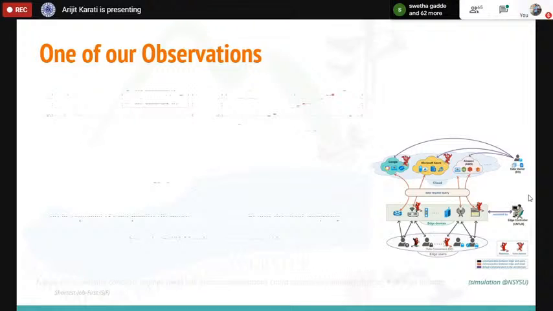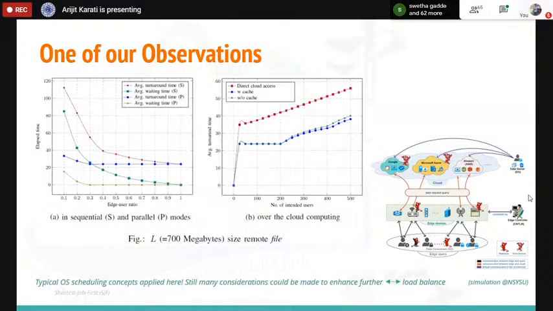One of our observations, and that is probably the last slide for today's discussion, is some result of our work based on this cloud assisted edge computing model. There we have a Netflix video. In one scenario, we are trying to download the Netflix video directly from the cloud. In another scenario, we are trying to download it with the help of edge devices.